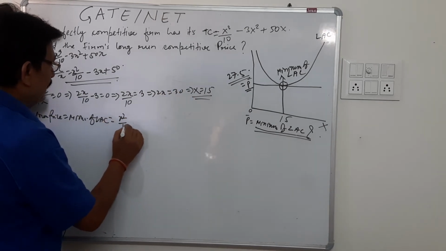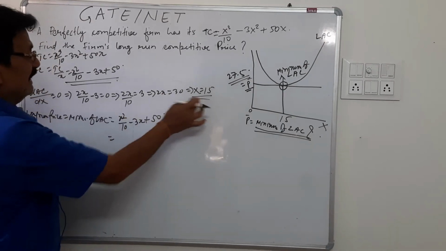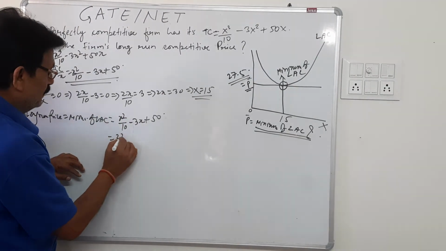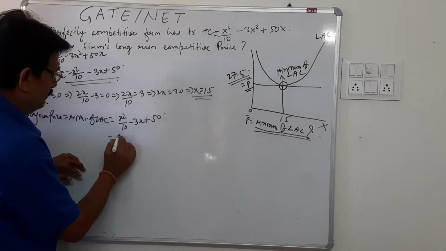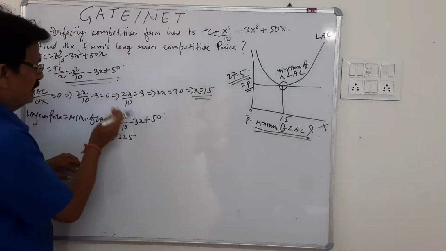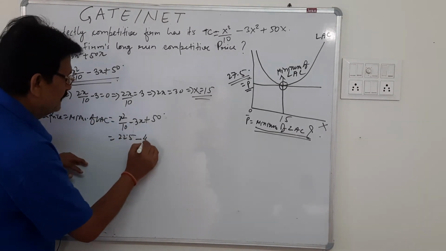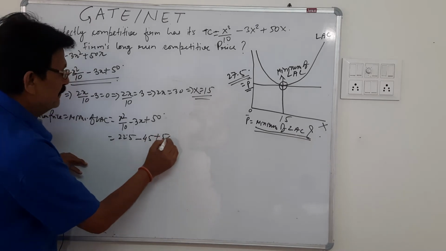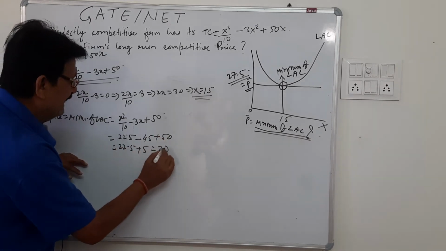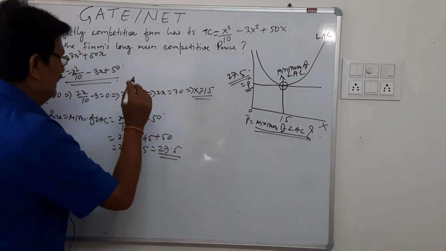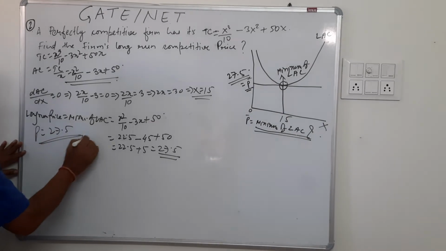So x square by 10 minus 3x plus 50, 15 has to be squared. 15 squared is 225, divided by 10 it is 22.5, minus 3 into 15, 45, plus 50. So this is 22.5 plus 5, and it is 27.5. So the long run price is going to be 27.5.